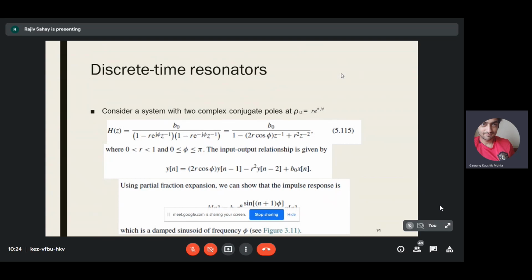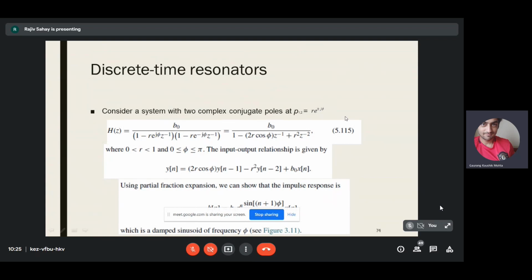Your magnitude response at a particular frequency should go very high. So you will choose appropriately two complex conjugate poles having a magnitude r, P1,2 equal to r e to the power plus minus j phi. All of you are able to see this?